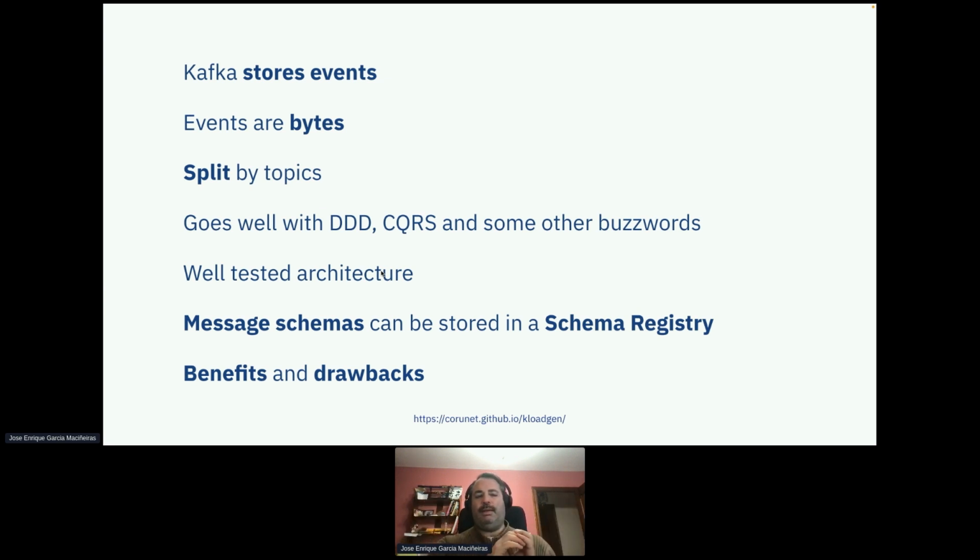You have something like a tube called a topic, and all the events, or arrays of bytes, are passed through these elements. It works well with domain-driven development and CQRS and some other interesting words. It's a well-tested architecture, made by LinkedIn, and it handles several million messages per second.